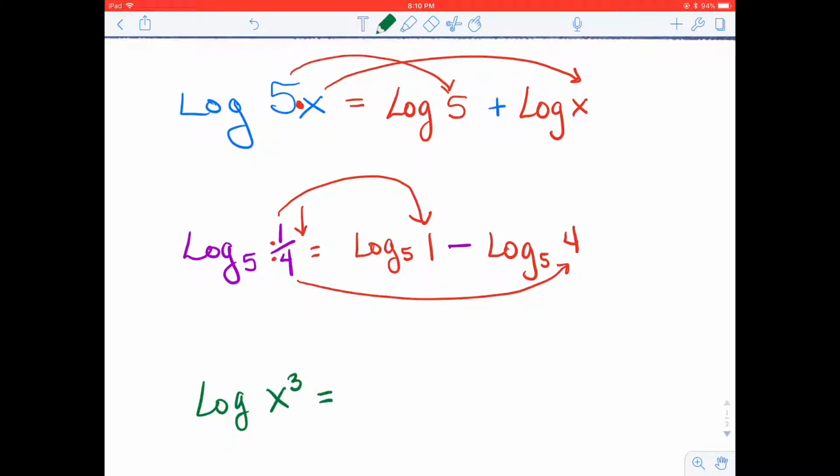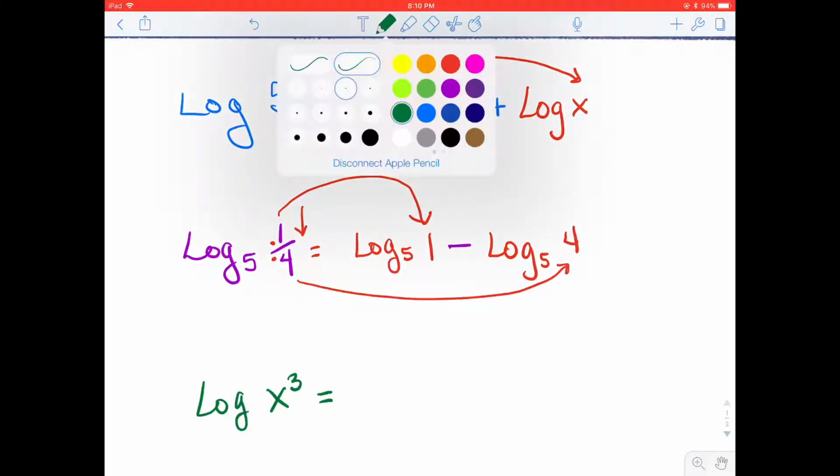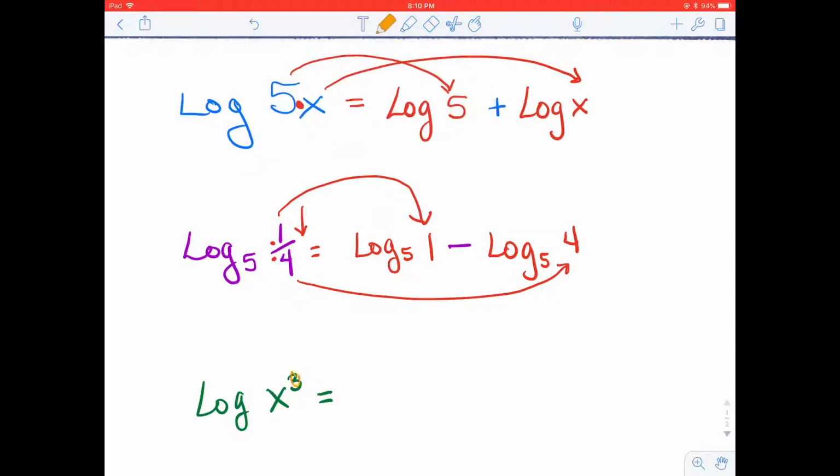So it has a power, and the power to a power you multiply, and in this case we're going to grab that 3, we're going to pull it out front so it's in a position to be multiplying by the log. We're just going to move that over. So I'm going to rewrite that as 3 log of x. And that's it, pretty basic.